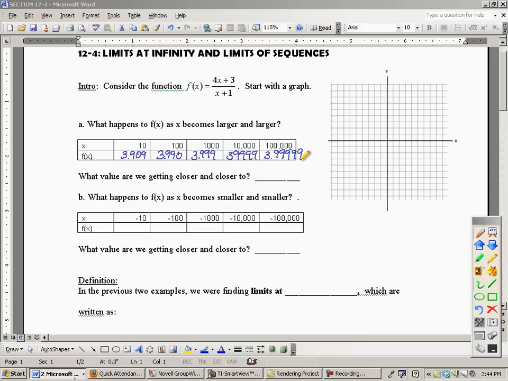Okay, so as we look at this, we are asking, as x gets bigger and bigger and bigger, where do we get closer to? We can see that we get closer to 4. Now the way that works notation-wise, we say the limit as x approaches positive infinity of my function, and I'm just going to shorthand this f of x, we can see this is going to 4.